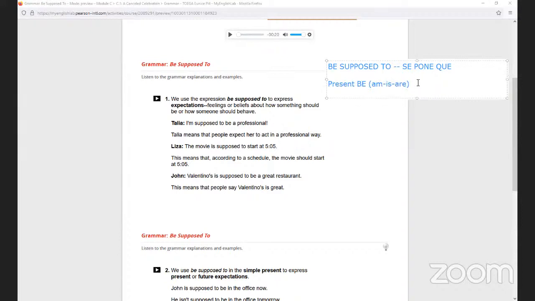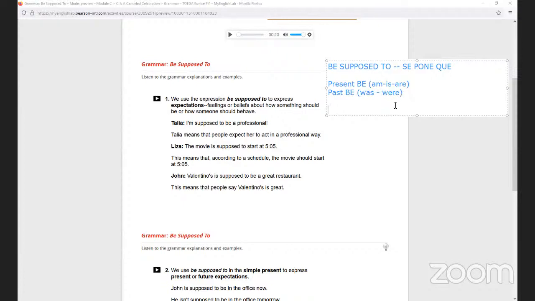Now, in this case, I have the past of be. The only thing that is going to change in this grammar is the verb to be. Was, were. Okay, so now be supposed to. This is the only thing that is going to be changed. Depends on if we are talking in present, am, is, are, or if we are talking about past, was, were.